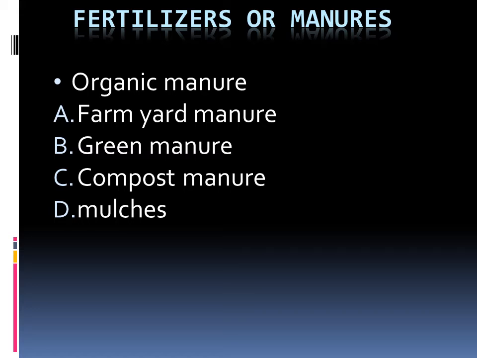Pupils, we start with farmyard manure. Farmyard manure, it is also called animal manure. It is made from animal waste, that is dung, droppings, urine, and remains of animal feeds.